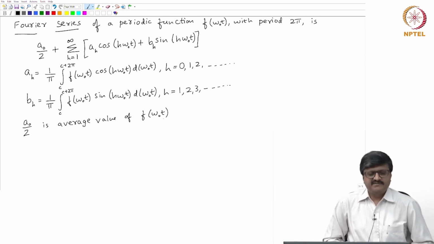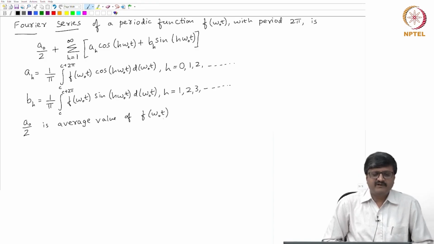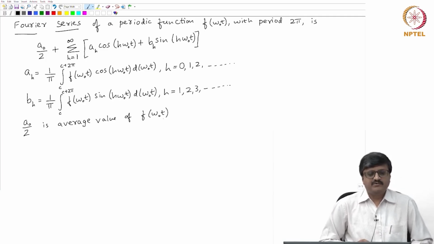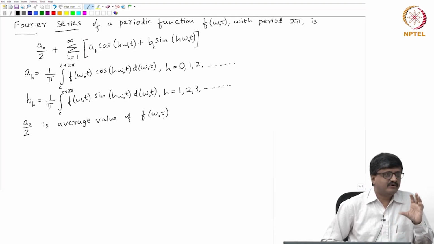Now, in power systems, we do not work with peak values, we normally work with RMS values. Okay. So, we are interested in what is happening to the fundamental component on the AC side. What is important on the AC side is the fundamental component, what is important on the DC side is the average component. Rest are unwanted things.